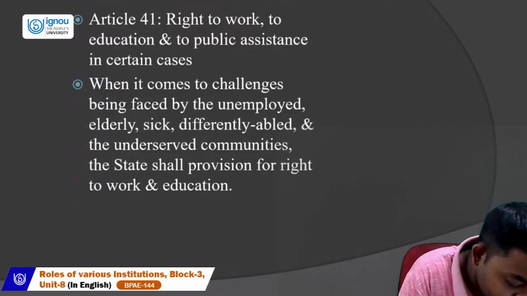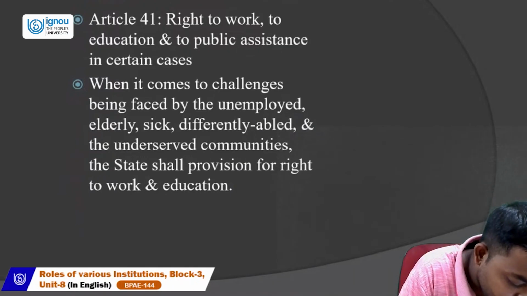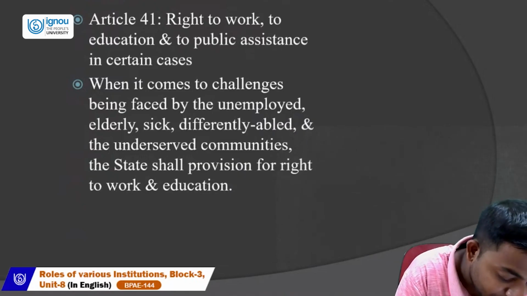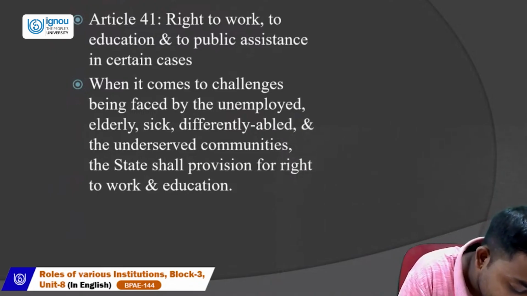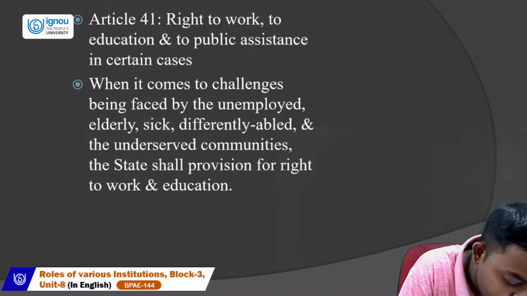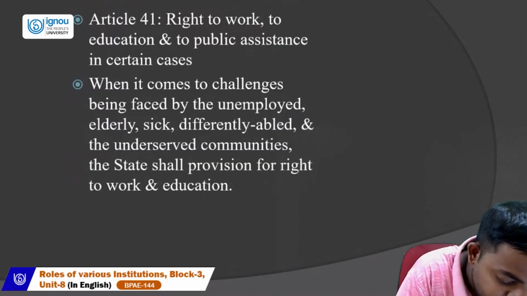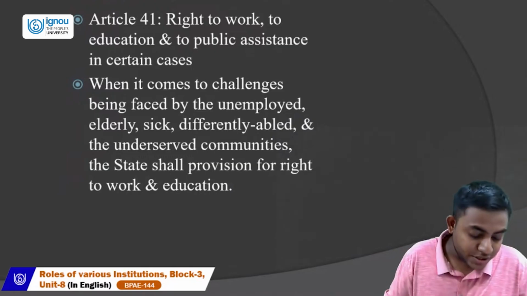So that is why there has been a lot of conflict that has been observed over time in the implementation of fundamental rights and directive principles. And the union government, it has given primacy to the directive principles over the fundamental rights. So that has brought it at loggerheads with the judiciary on multiple occasions.